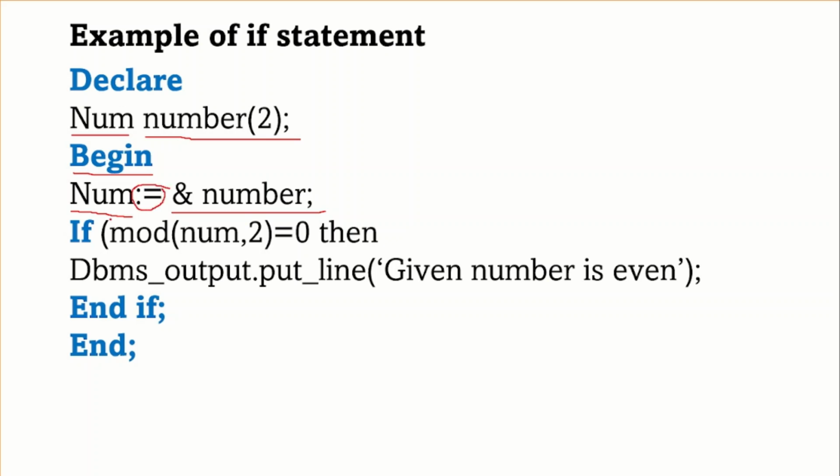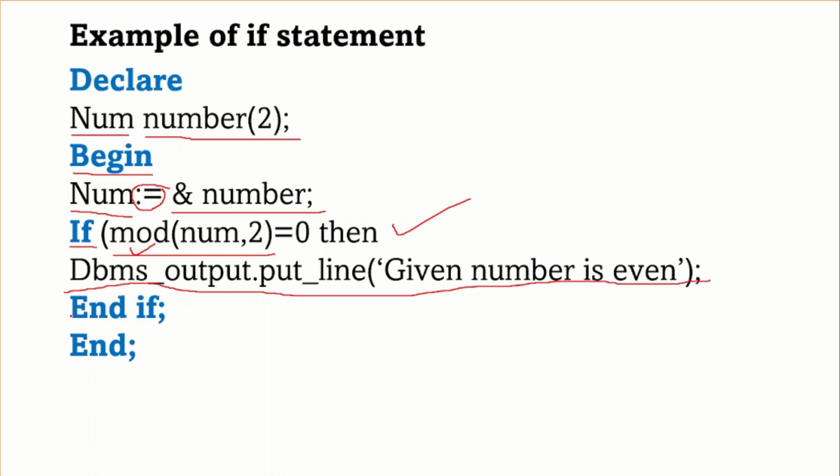that will go inside num, and then we'll be checking whether the num is divisible by 2 or not with the help of mod function. And if it is divisible by 2, then the output of this particular expression will be 0, and 0 is equal to 0. Then in that condition, this will come as an output: given number is even.